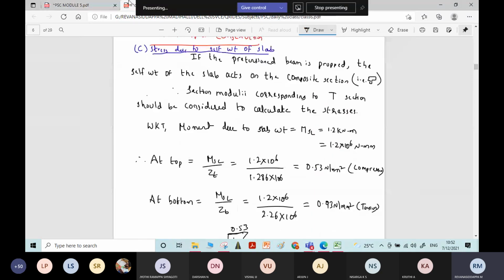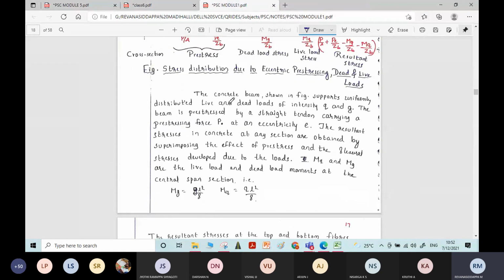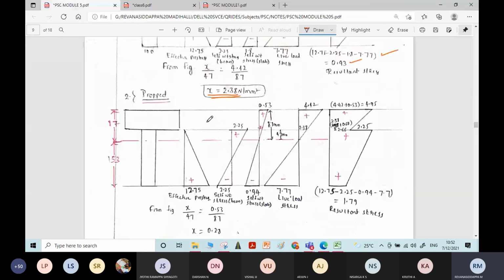Therefore, while writing the stress distribution diagram for the unpropped condition, for stresses due to the slab, you need to write it with respect to the full height. Whatever we have substituted for Z, we have substituted with respect to the full T section.